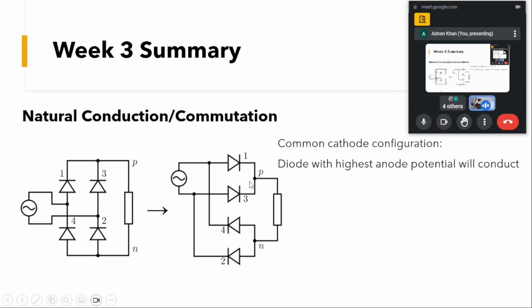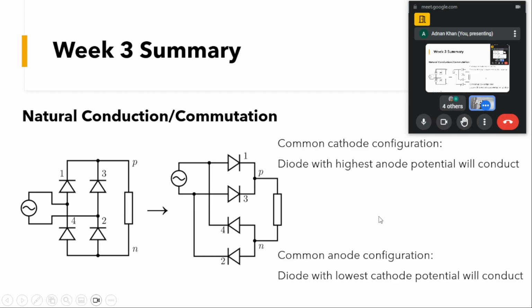So that was for the negative half. In the positive half, diode 1 will conduct, and in the negative half, diode 3 will conduct for this common cathode. That was about common cathode.